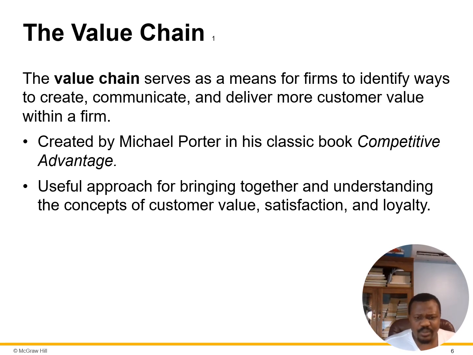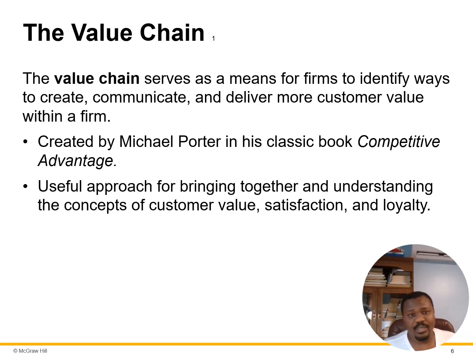It's a useful approach for bringing together and understanding the concept of customer value, satisfaction, and loyalty. So the value chain serves as a means for firms to identify ways to create, communicate, and deliver more customer value within a firm.